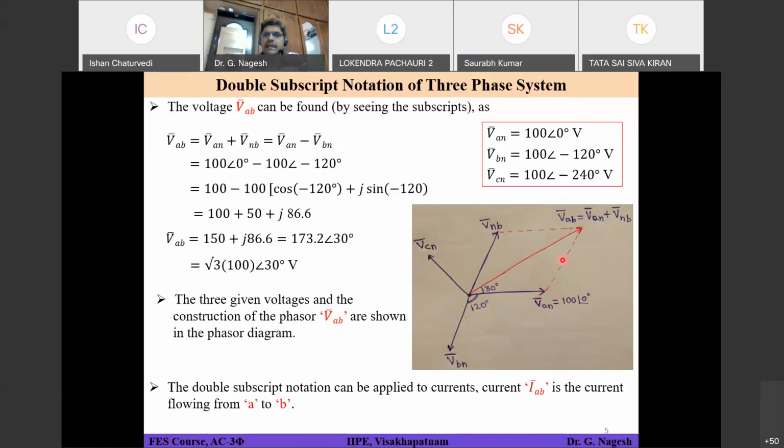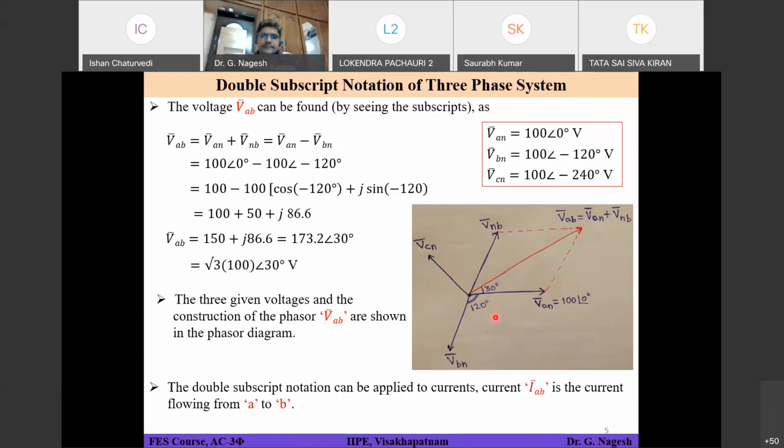Okay. And VAB will be as per this expression. It should have a larger amplitude, root 3 into 100, and it should have a phase angle of 30 degrees leading. Right. So this is how you have to draw a phasor diagram for the given phase voltages and the calculated voltage VAB. So with respect to your reference VAN, which is at 0 degrees, your AB is going to lead by 30 degrees and the amplitude is root 3 times more than the amplitude of your phase voltage.